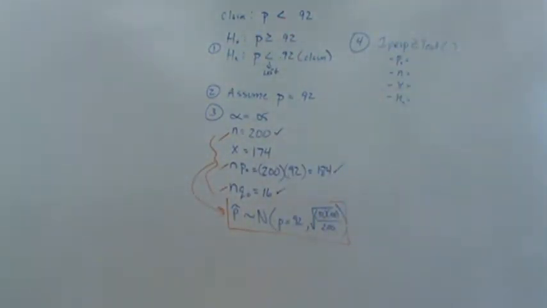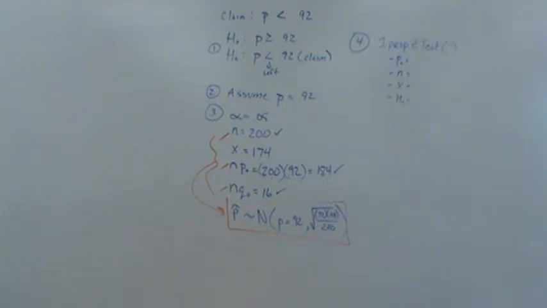So let's go to our calculator, go to Stat Tests, and I'm going to scroll down to number 5 for one prop z-test. P0 in this case is 0.92. X is what? X is 174. N is 200. And the alternative hypothesis this time is less than P0.